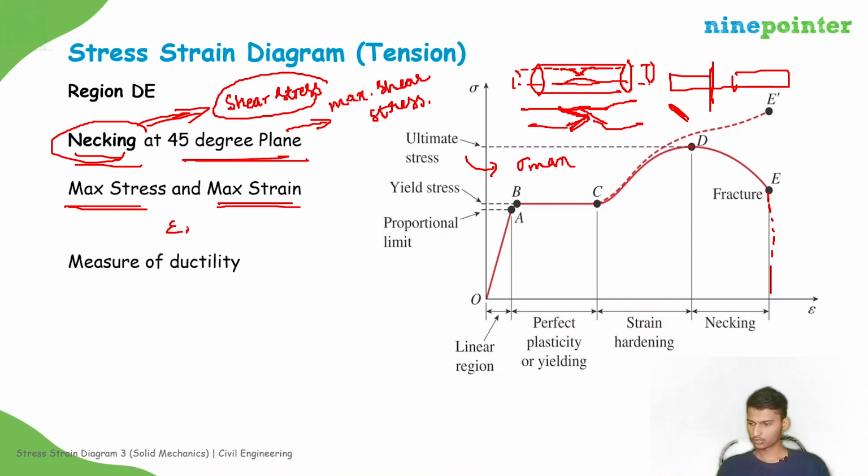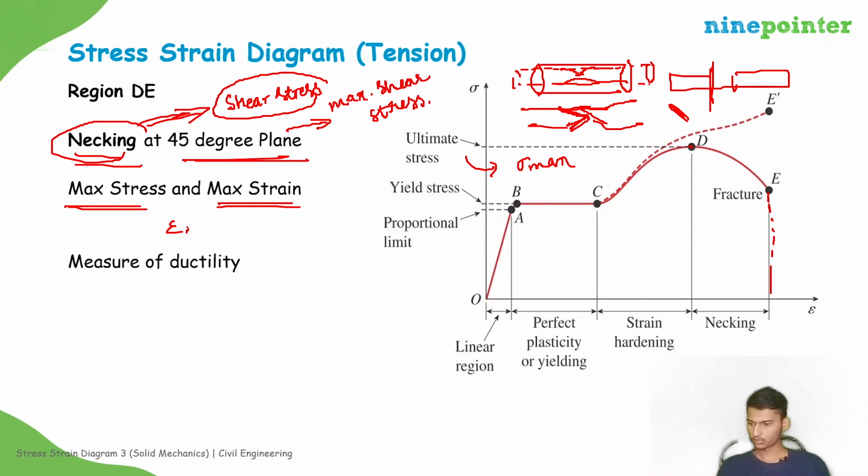Okay. And what is the measure of ductility? See, from this diagram, you can understand that in ductile materials, the elongation will be more, meaning it will elongate more after the elastic limit, before failing. Okay. So this region represents the measure of ductility.